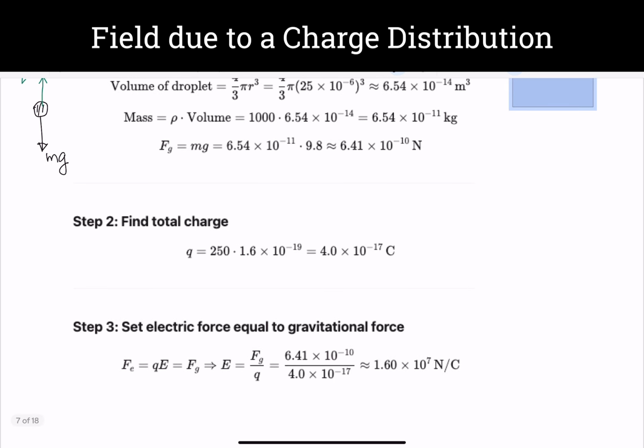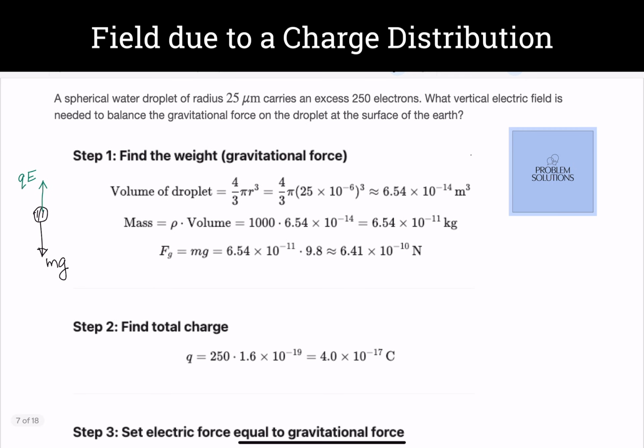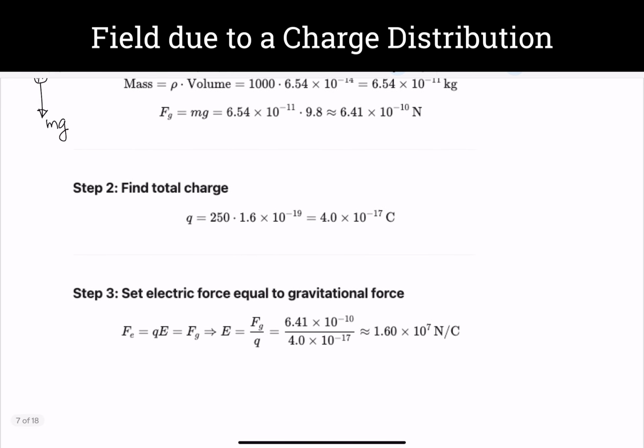And since the charge is given, it's 250 electrons, so the total charge is 250 times the charge of one electron. So we got it. Now set them equal to each other, so the electric force is equal to the gravitational force. And then from there, you can calculate the electric field required to balance the weight of the drop.